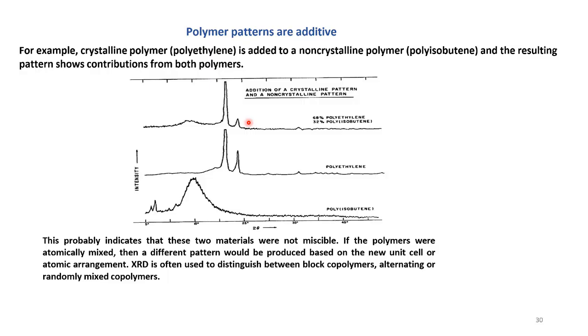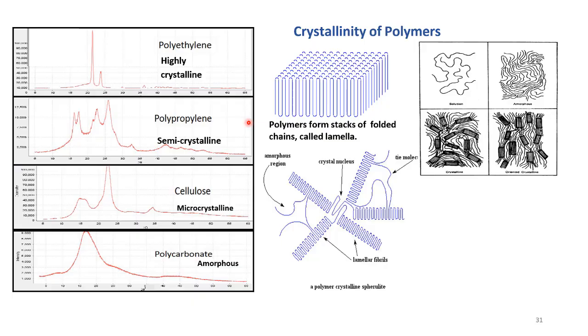So as I told, polyethylene is highly crystalline, so it is giving us a very sharp peak. Then polypropylene is semi-crystalline, so we are getting sharp peaks, but still there are some humps also. And then cellulose is microcrystalline, so it is giving us a pattern like this.